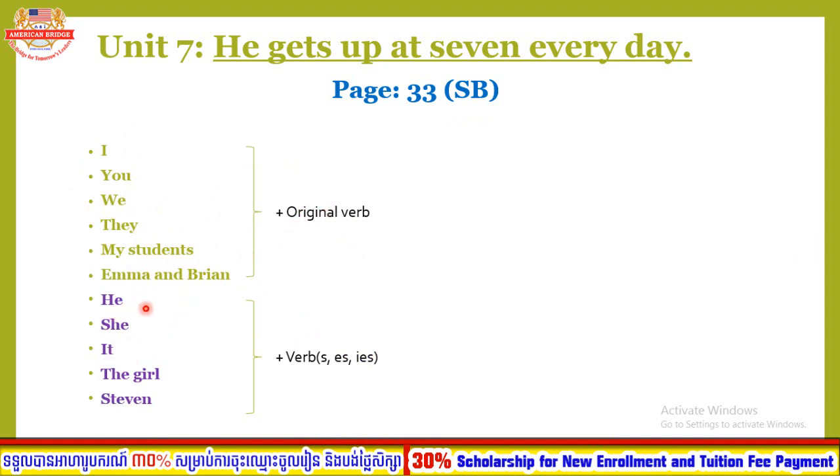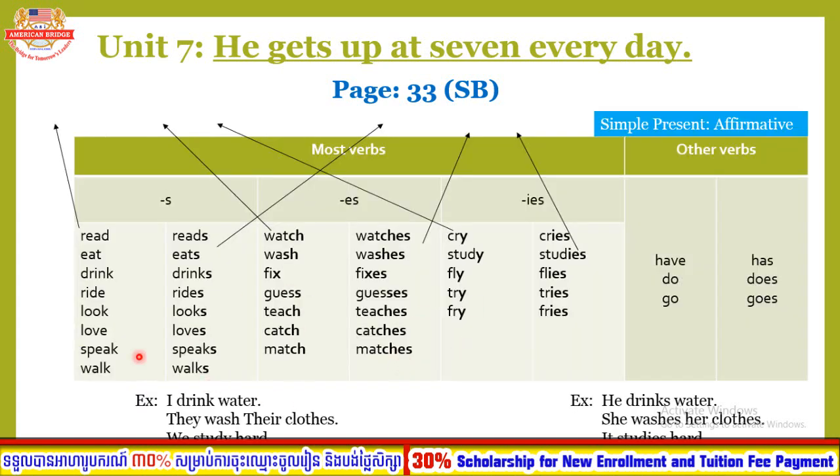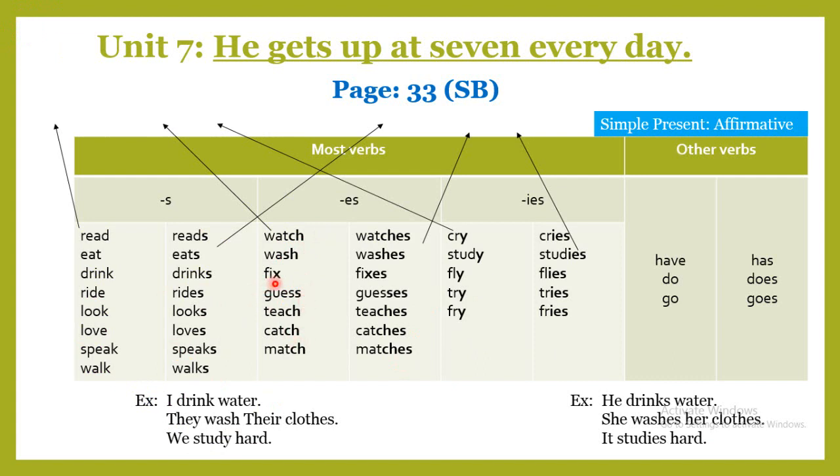He, she, it, this one we call third person singular, or we can regard it as group 2. In group 2, the subject is also a singular noun, and also a name. So we use it with verb plus S, ES, or IES. And the way to know whether you add S, IES, or ES, you need to look at this box. The verbs that end with CH, SH, S, and X, we need to add ES. Verbs that end with one consonant and Y, we need to change Y to IES.